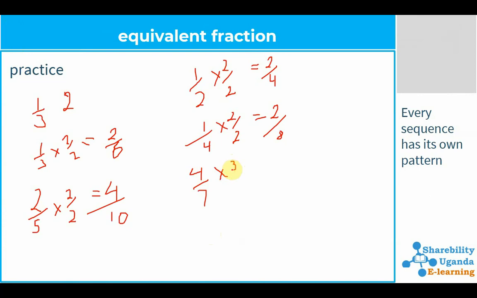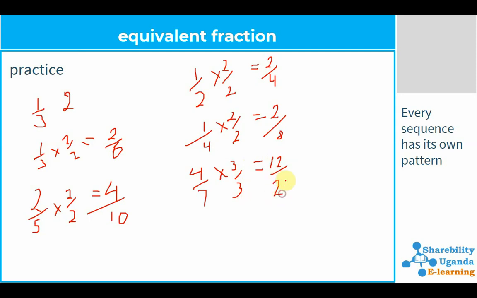You can use any number, but remember they said you should take our first number. Okay, let's use 3. It can also work. We multiply. What is 3 times 4? 3 times 4, we get 12. Divided by, what is 3 times 7?